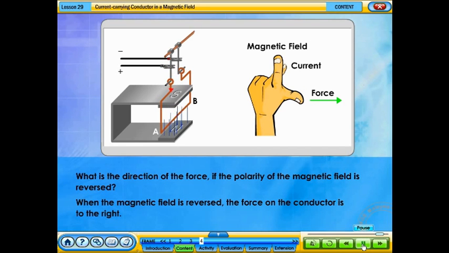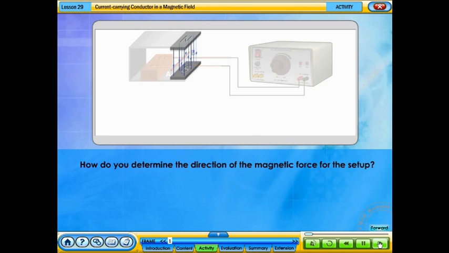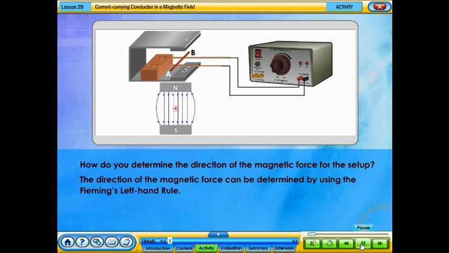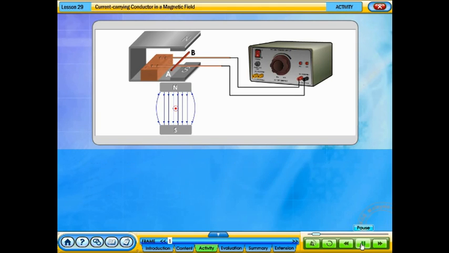When the magnetic field is reversed, the force on the conductor is to the right. How do you determine the direction of the magnetic force for the setup? The direction of the magnetic force can be determined by using Fleming's left-hand rule.